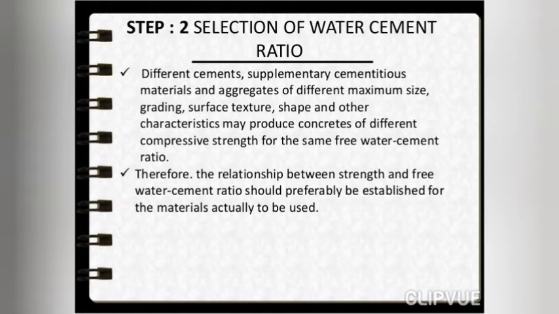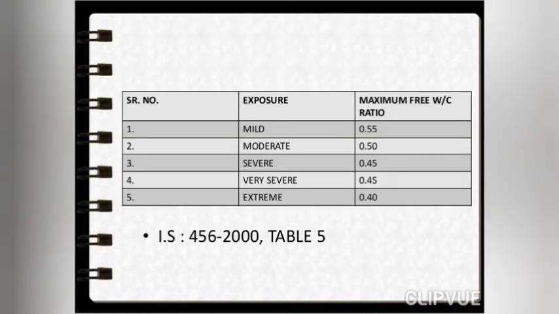Therefore, the relationship between strength and free water cement ratio should preferably be established for the materials actually to be used. So, according to IS 456/2000, in Table 5, we can see the different types of exposure and the maximum free water cement ratio.